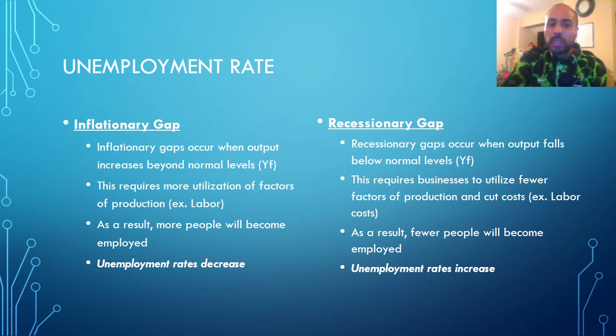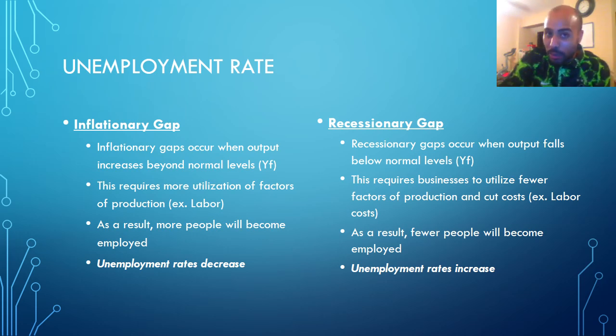In this situation, we need more utilization of our factors of production, like more land and capital and of course more labor, so more workers. That's the reason why the unemployment rate goes up. Or I'm sorry, that's the reason why the unemployment rate goes down. Sorry about that, don't make that mistake. Now, as a result, more people get employed, and so the unemployment rate decreases during an inflationary gap.